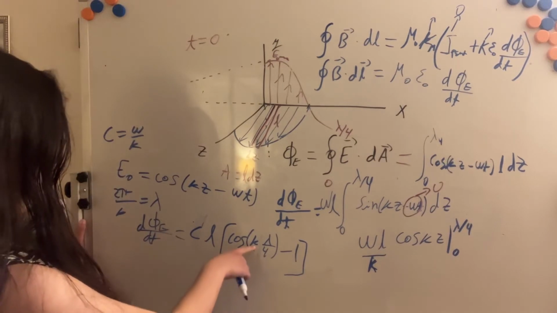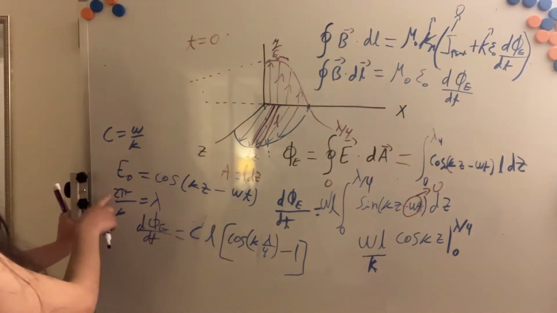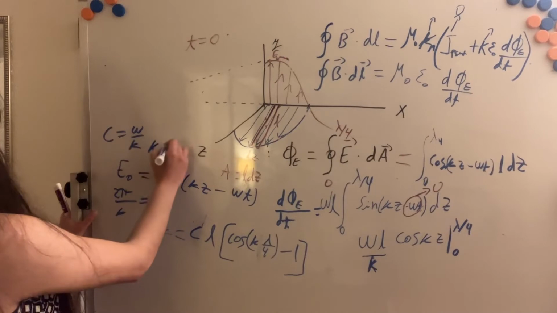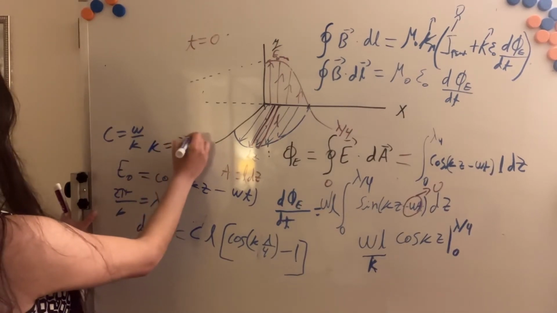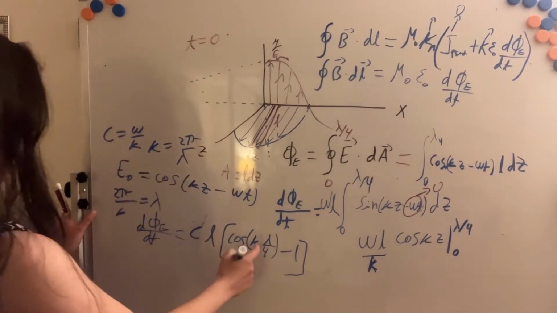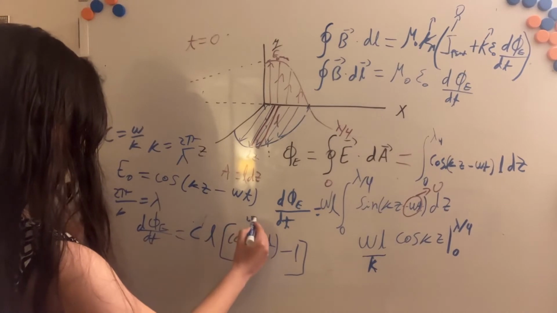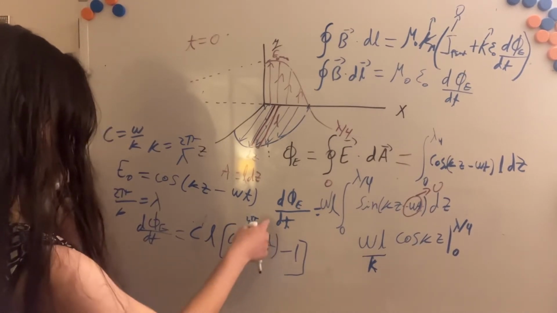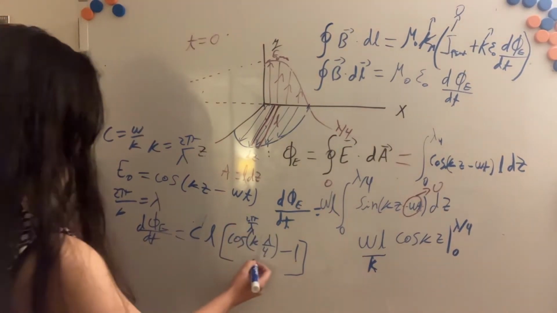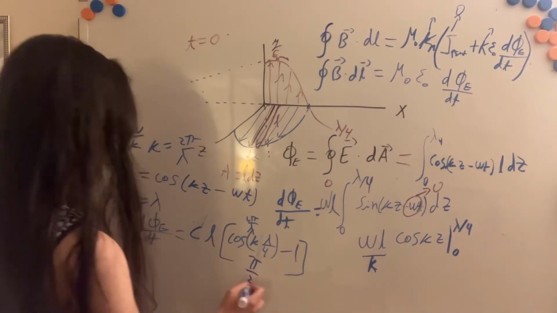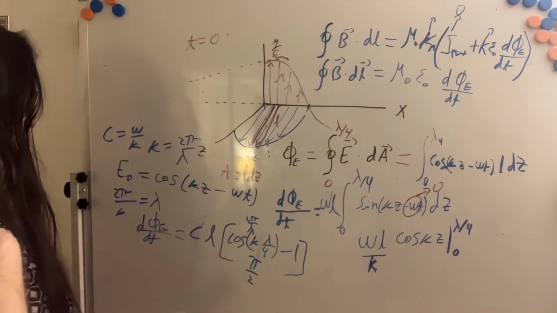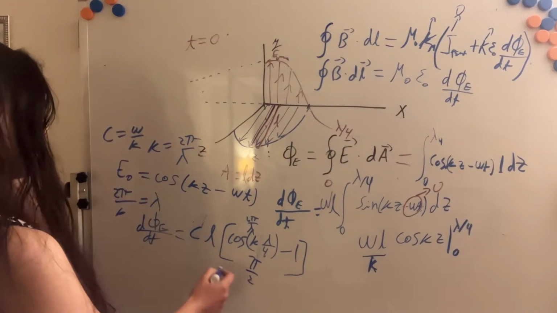Here the k is 2 pi over lambda, so here would be 2 pi over lambda times lambda over 4. This is pi over 2, and so the cosine of this is just 0.